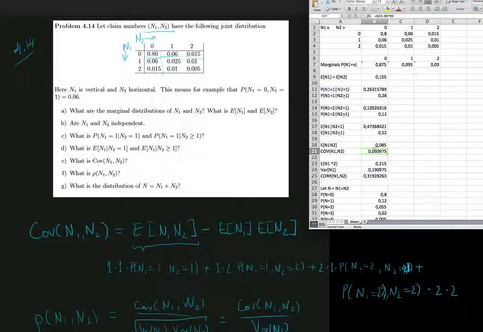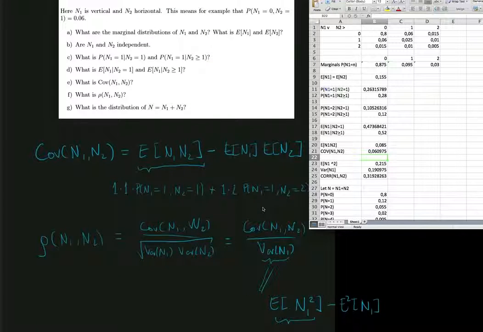So that gives us 0.085, and when we take that value and remove the mean of N1 multiplied by the mean of N2, which is the same because they have the same distribution, then we get 0.06098. So that was the covariance.